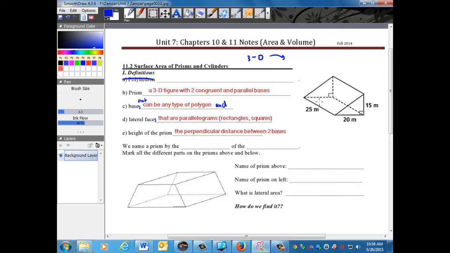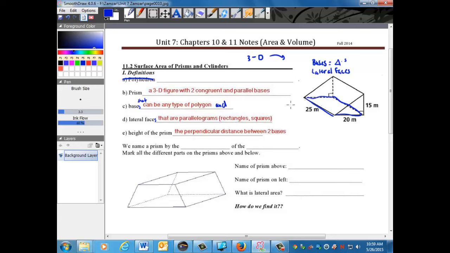So what we're saying here is that in this shape to the right, our bases have to be triangles. Now, that's important, and the reason why is that we're told that lateral faces have to be parallelograms. So in this shape, we have a rectangle, which is what this shape is sitting on.